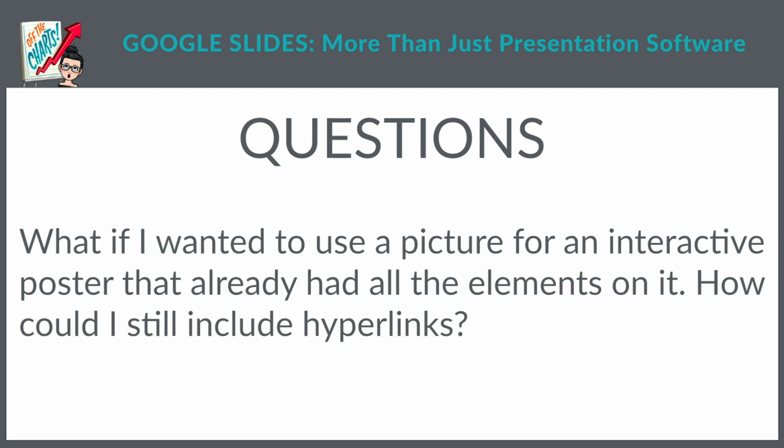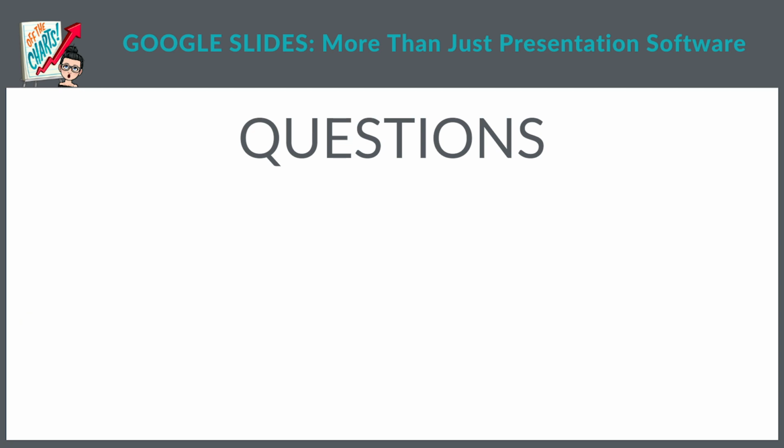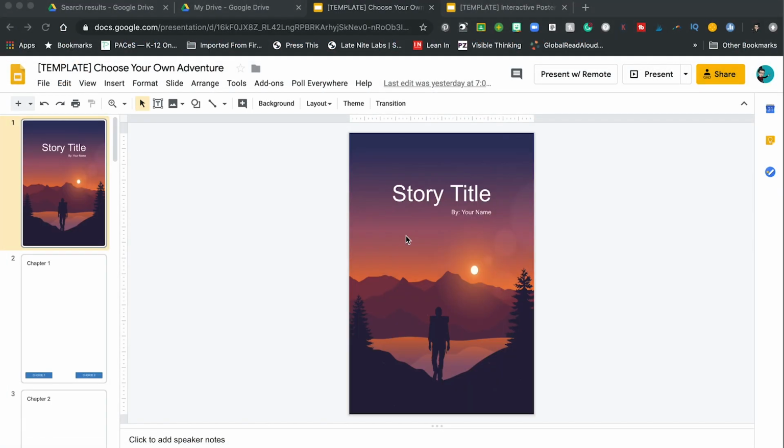And then what we did was we used the line tool to draw shapes around the elements that they wanted to be hyperlinked. So I'm going to switch over to my screen here again, and I'm just going to bring up a quick example. It's our Choose Your Own Adventure book cover. So we're going to make that man in the center there a clickable hyperlink.